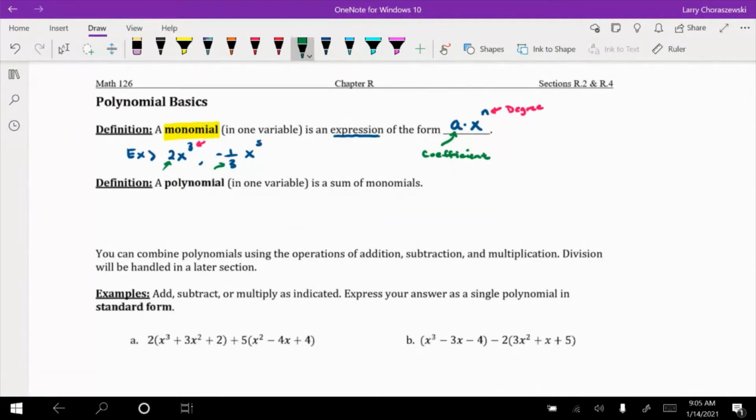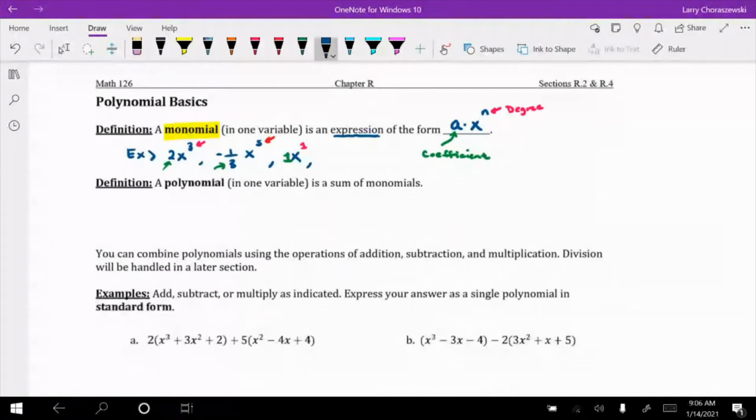Negative 1/3 would be the coefficient, and 5 would be the degree. You can imagine there are lots of other monomials we could come up with. You could even have something like x. That's an example of a monomial because the coefficient would be that secret ninja 1, and the degree would be the other secret ninja 1.